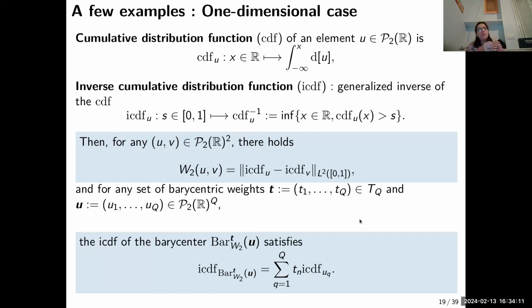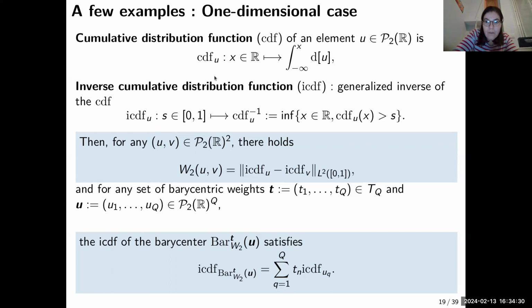So for one-dimensional probability distributions, there is an easy way to compute this Wasserstein metric and to compute these Wasserstein barycenters. This is possible by means of the inverse cumulative distribution function associated to the probability distributions.